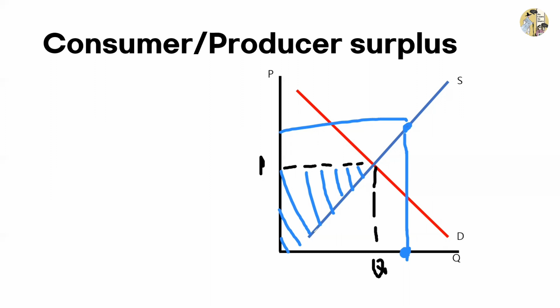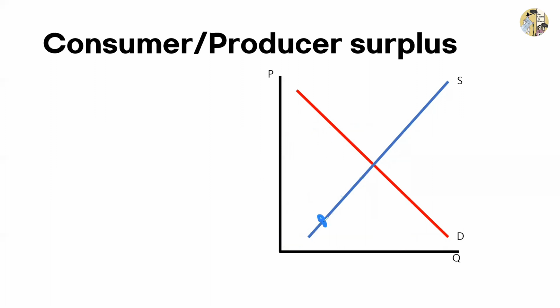So let's examine a specific point here, and this is the equilibrium price. This is the price at which the consumers are going to purchase, and the producers' cost is only here, so they can produce at the cost of this.